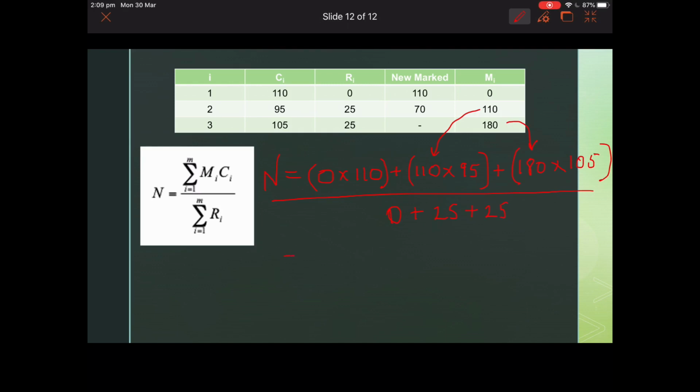So if I go through sticking that into my calculator, N is going to be 29,350 divided by 50. Carrying on with that into my calculator, I will get a population estimate of 587 individuals.